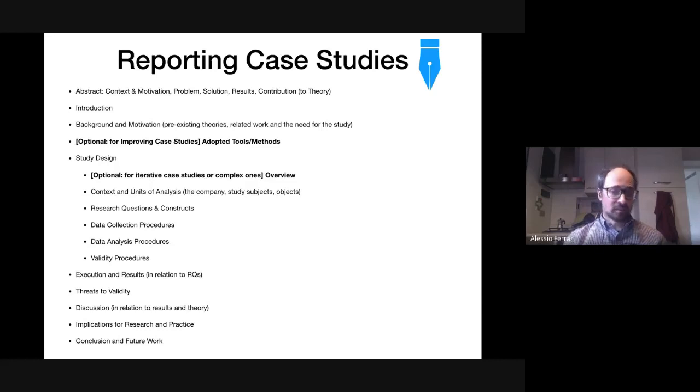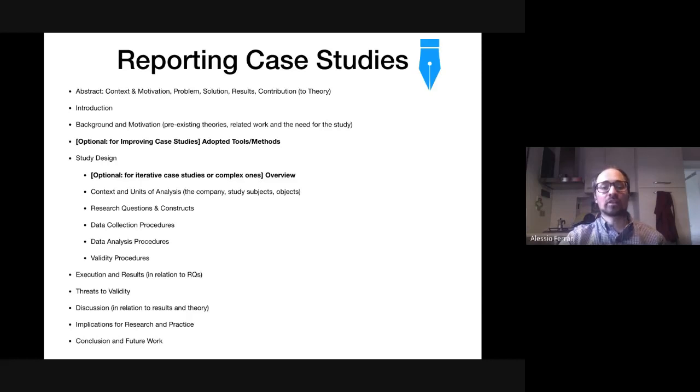Then context and unit of analysis, research question and constructs, data collection, data analysis, and validity procedures. What we discussed up to now, okay? In the same way that I presented that to you, of course, with words. Execution and results in relation to the research questions, threats to validity, like we discussed up to now, and discussion in relation to results and theory.